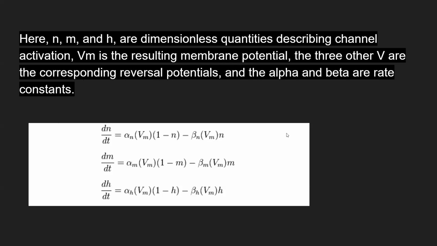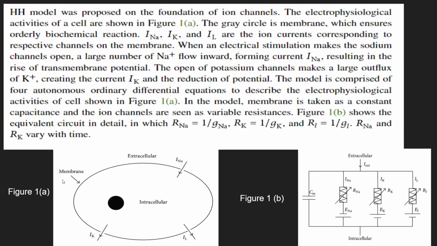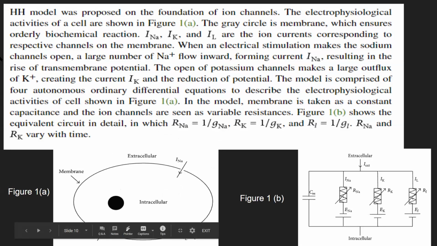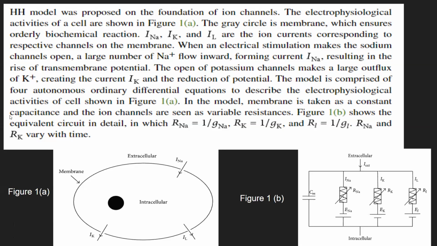The Hodgkin-Huxley model was proposed on the foundation of ion channels. The electrophysiological activities of the cell are shown in figure 1a. The gray circle is the membrane, which ensures orderly biochemical reactions. I sodium, I potassium and Il are the ion currents corresponding to respective channels on the membrane.